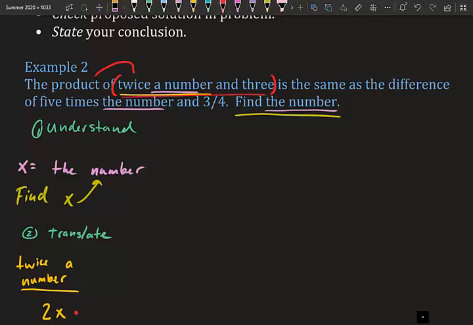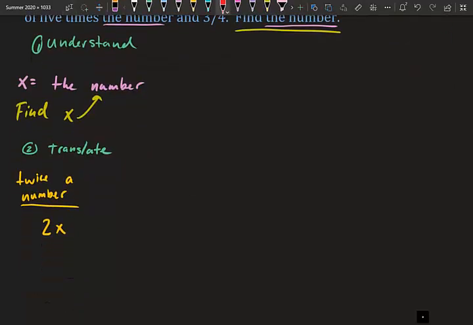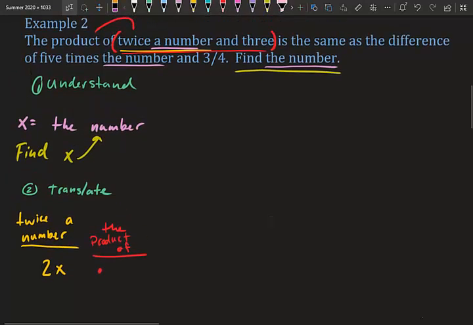So times, that's the product of. Three, we know 3, that's just 3. Awesome. So now we have the product of twice a number and 3.